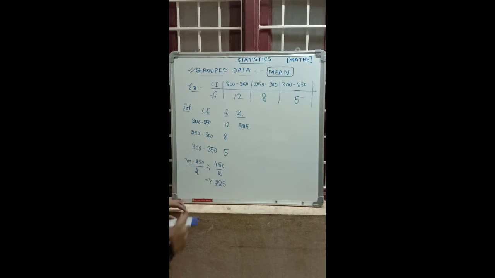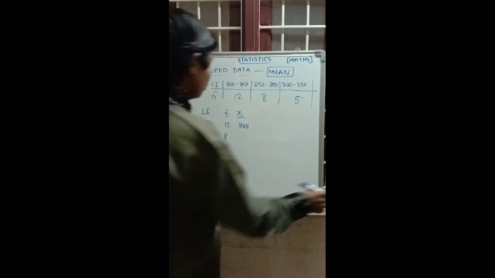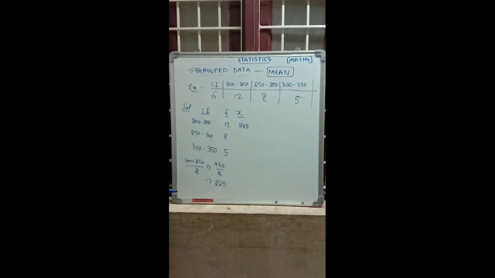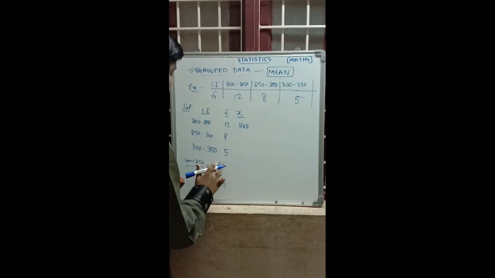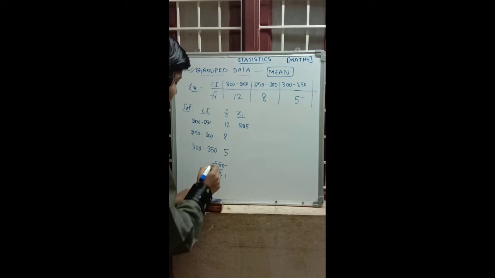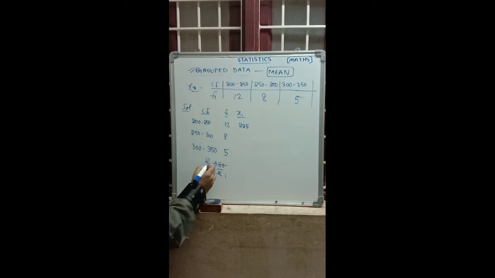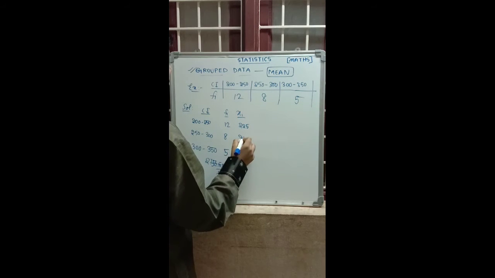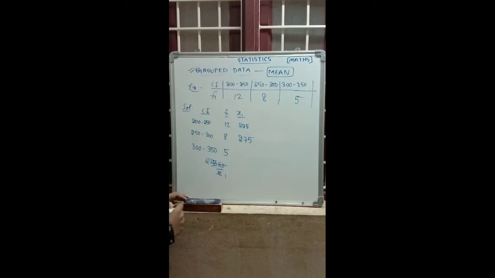For 250 to 300: 300 plus 250 is 550, and 550 by 2 is 275. So the xi value is 275.